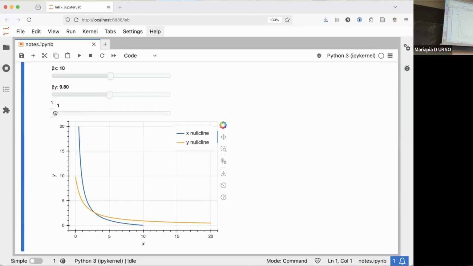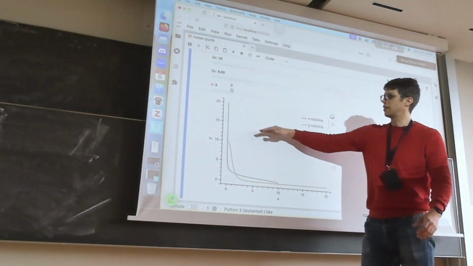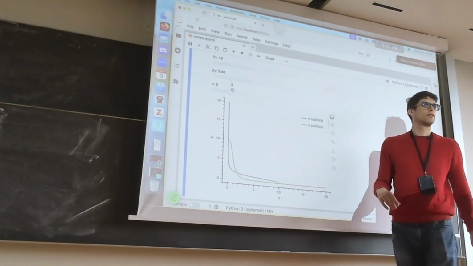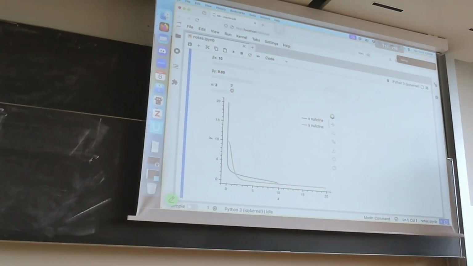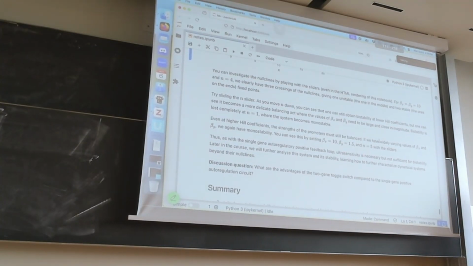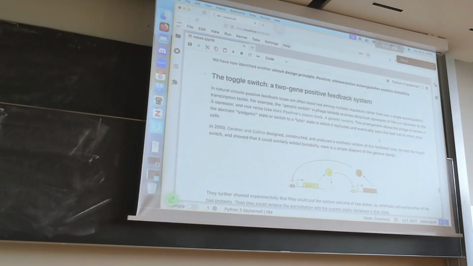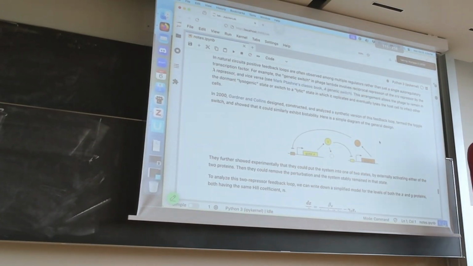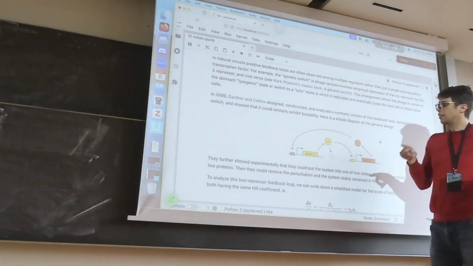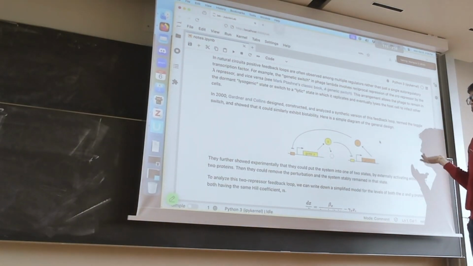As soon as we're turning it up, around 1.8 something, we have these two stable steady states and the unstable in the middle. Right, and it turns out that this is a very nice model, but it also really works.